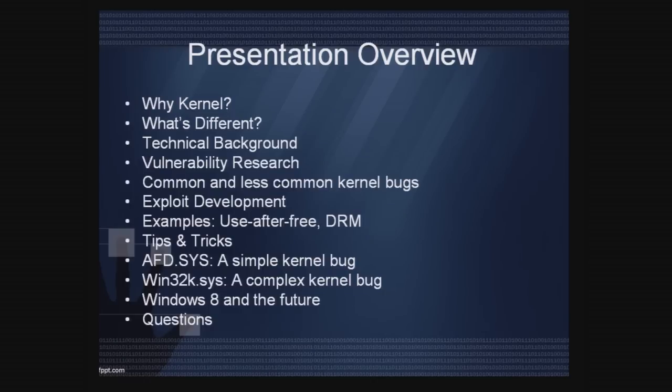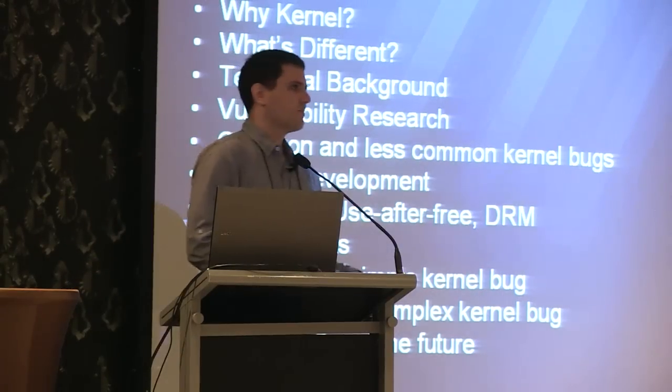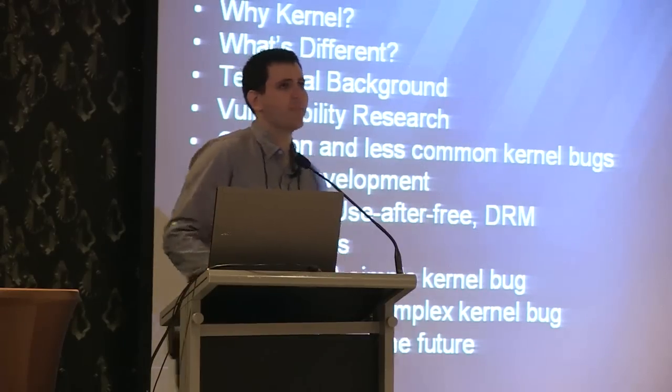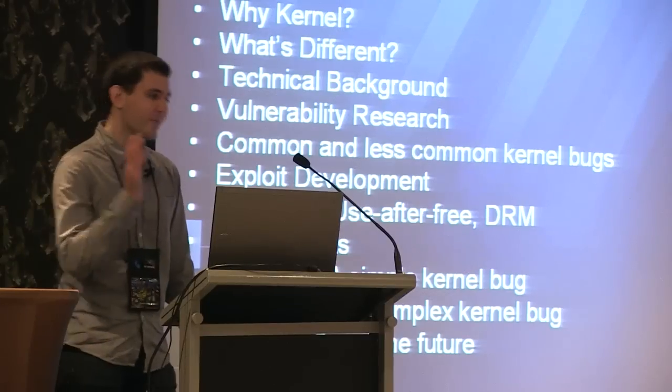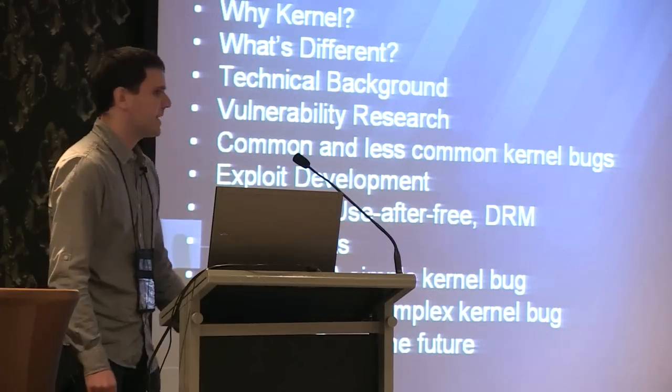And then I'm going to move to the very low-level tips and tricks, techniques, what to do. Very low level, so I might lose a few of you there, hopefully not. And we'll go through a few samples.